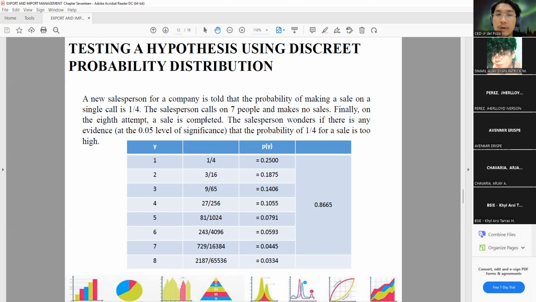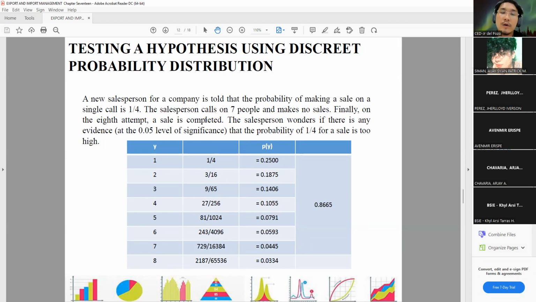So, ibig sabihin daw, ano daw yung chance na itong salesman will get a customer right away. So, ang probability daw niya na makakuha ng customer ay isa kada apat na customer.